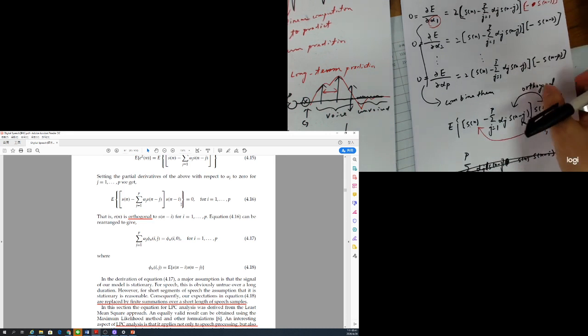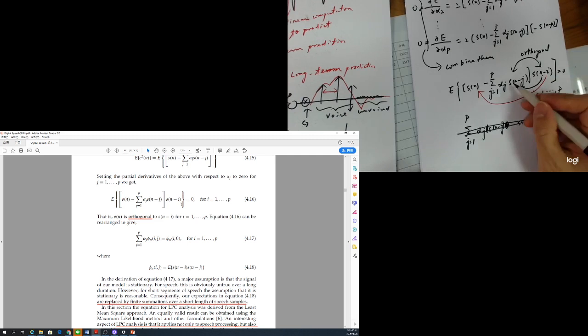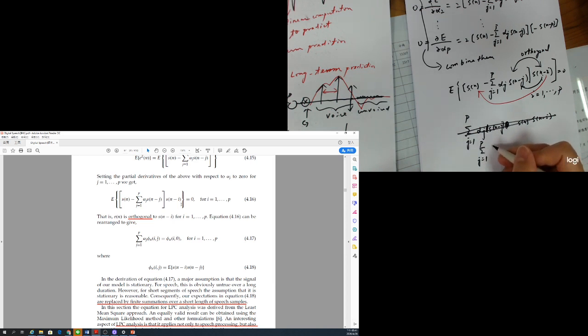Okay, I rewrite it. This one multiplied inside and multiplied inside, so you get the summation over j equal to 1 to p of alpha j, s n minus j times s n minus i, equal to, moving to the right hand side, s n multiplied by s n minus i, where i is from 1 to p.